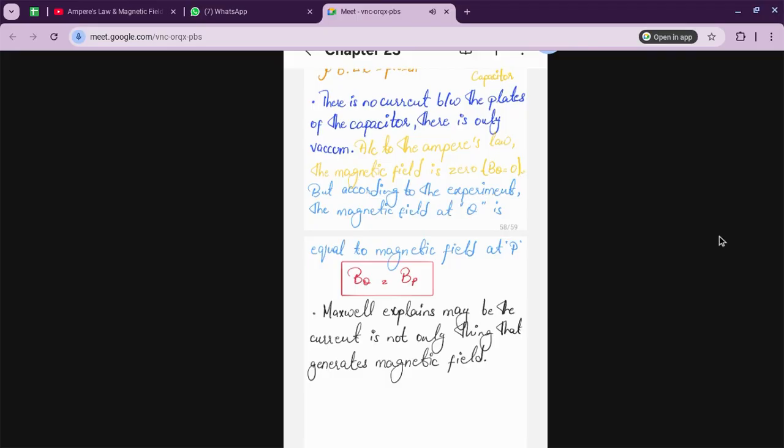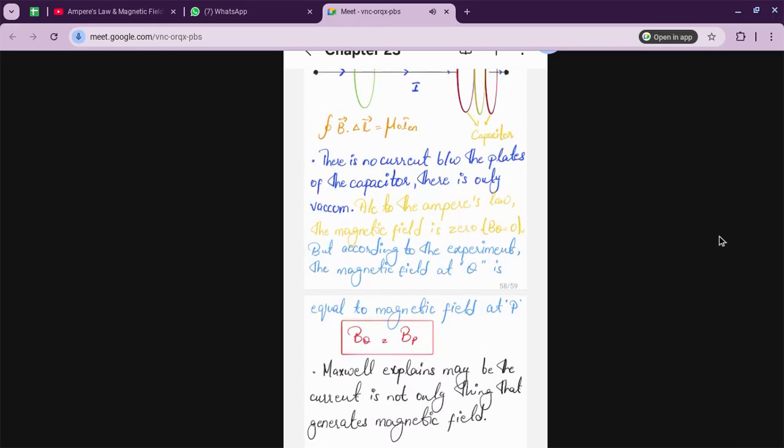Okay? So we have to be missing something, or you can say that Ampere must be missing some part by which we can say that the magnetic field can be produced by other factors.